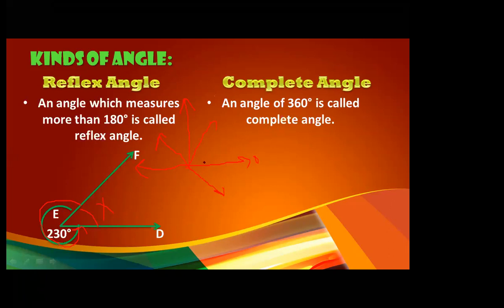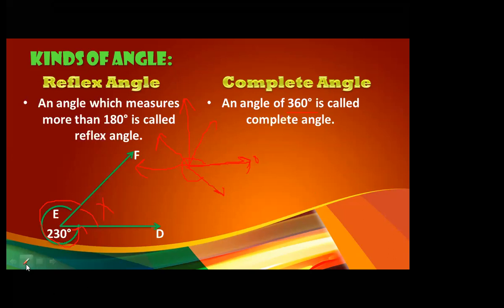Obviously from this to this is a reflex angle. And if you move this ray to coincide with the first ray, it will be called a complete angle. An angle of 360 degrees is called a complete angle.